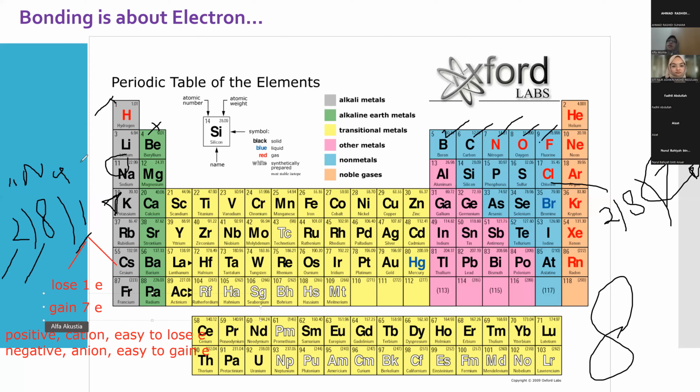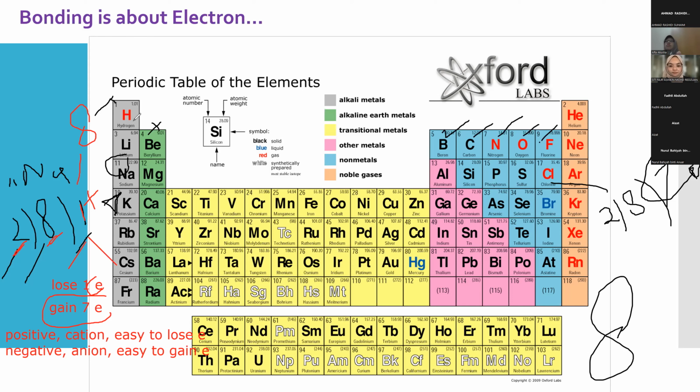So to have 8 electrons, the possibility is to lose 1 electron to become 2 and 8, or gain 7 electrons to become 2, 8 and 8. Do you understand what I mean? Gain 7 electrons is 1 plus 7, so totally is 2, 8 and 8.